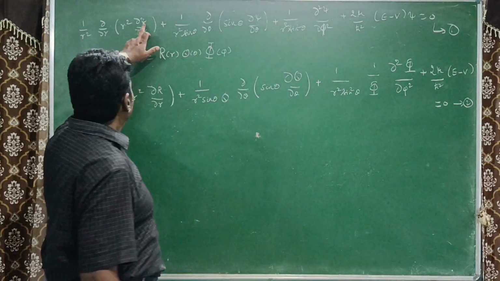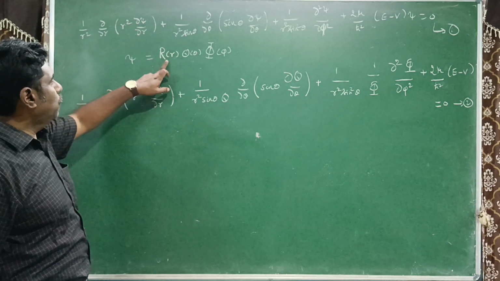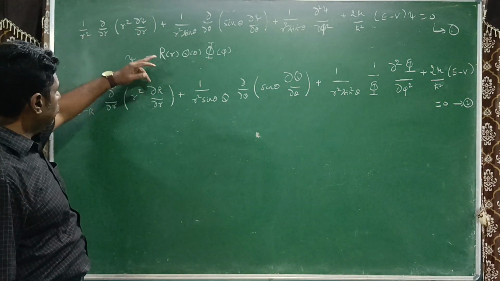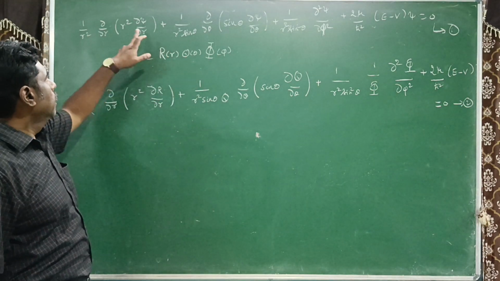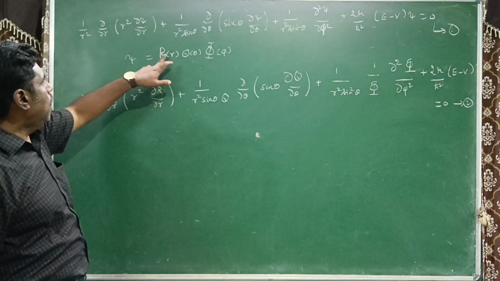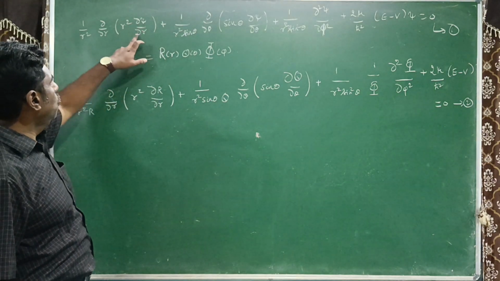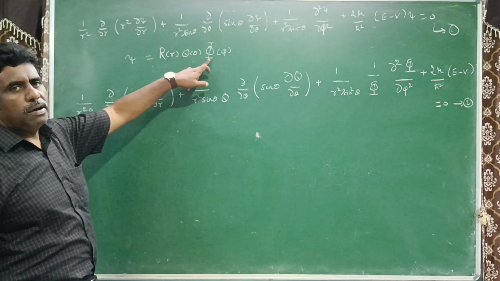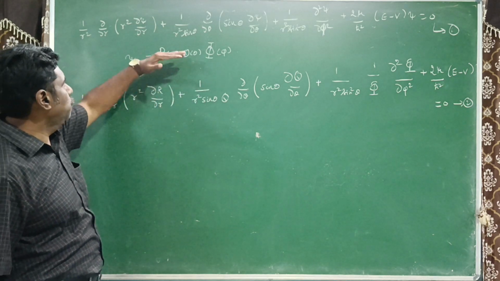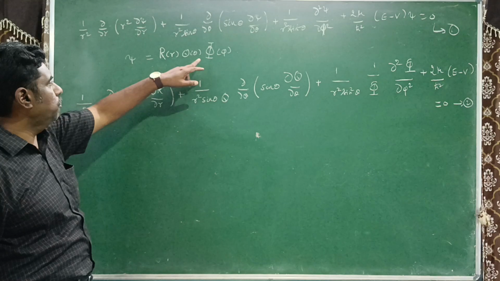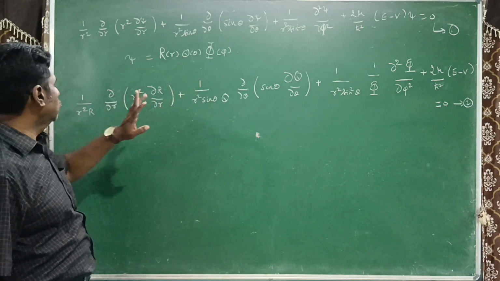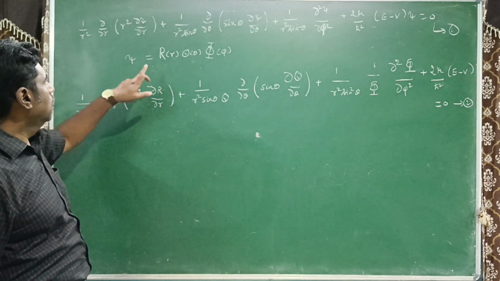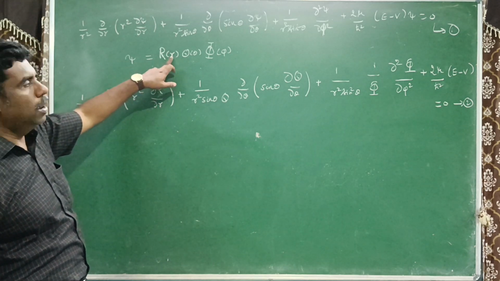See here, I have replaced the psi by R of r, Theta of theta, Phi of phi, and divided the first term by the same R, Theta, Phi. Here, R of r is a function of small r, so dou by dou r of R is meaningful, but theta and phi are constants. Therefore, if you divide the first term by R Theta Phi, Theta and Phi are cancelled out, but R is kept as such because R is a function of small r.